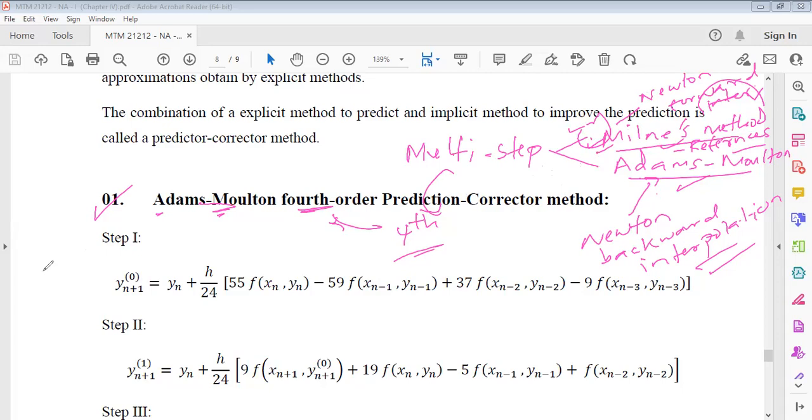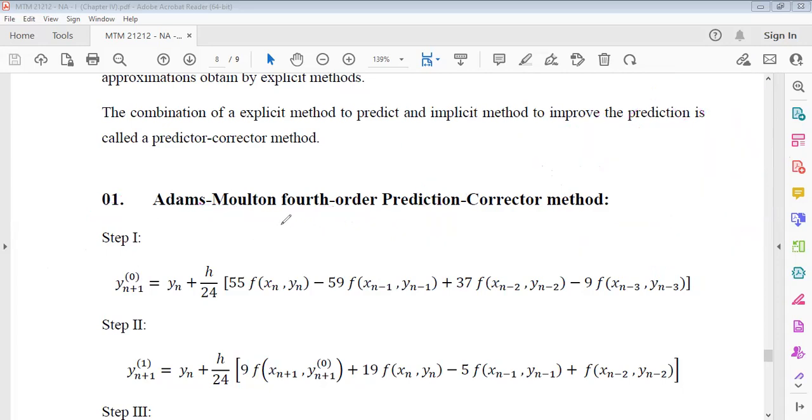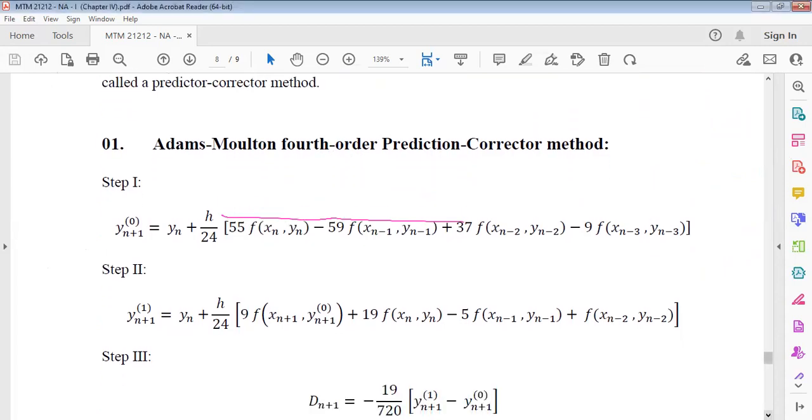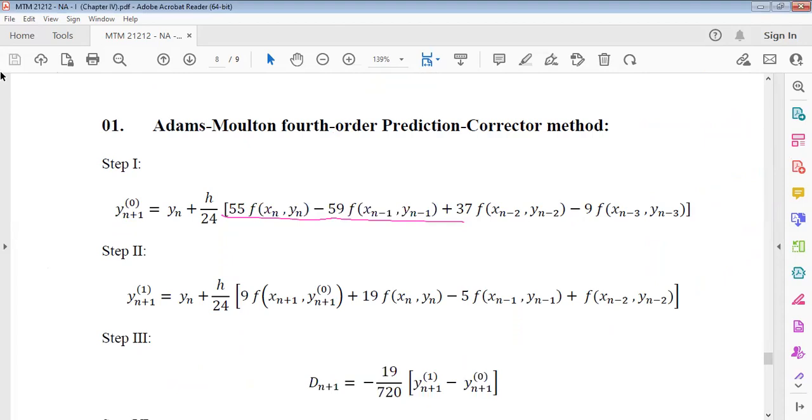Okay, now give me a second. Let's study the Adams-Moulton fourth order prediction-corrector method.